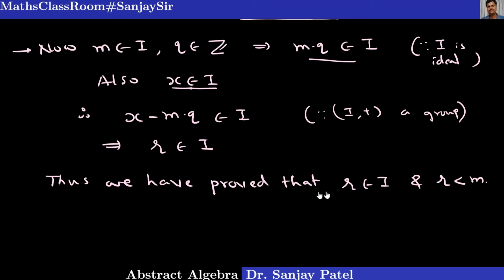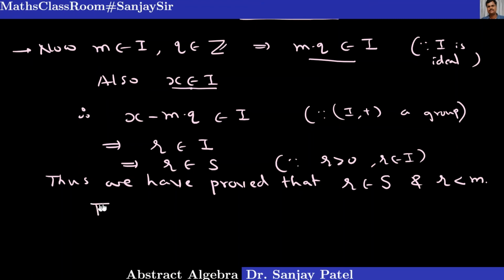So what I have proved is that r belongs to S. Why? Because r is a positive integer and r belongs to I, so r belongs to S by definition of the set S. So we have proved that r belongs to S and r is smaller than m.